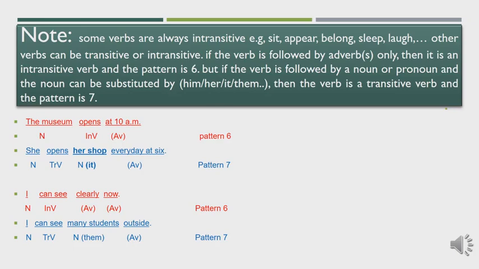So here, many students is the object of the sentence. Because can see is followed by an object, it is a transitive verb. Outside is an optional adverb. I is N, can see is a transitive verb, many students is N, and outside is an optional adverb, and the pattern is not pattern number 6 because can see here is a transitive verb. It is pattern number 7.